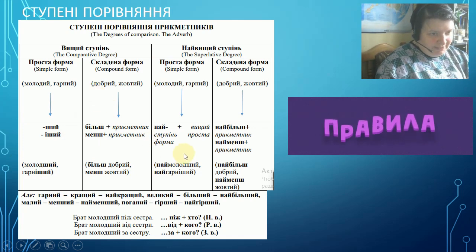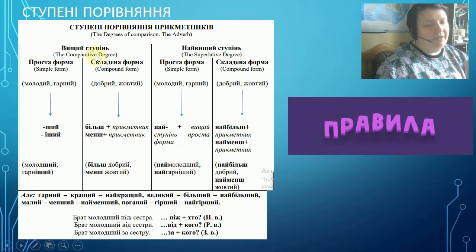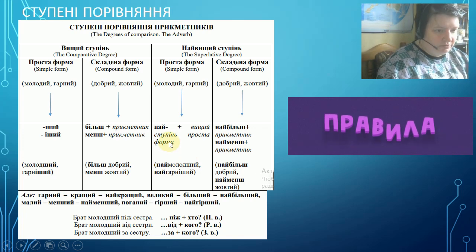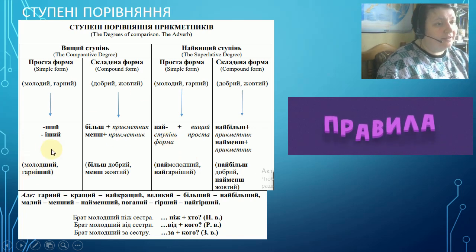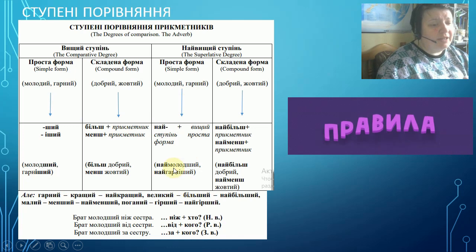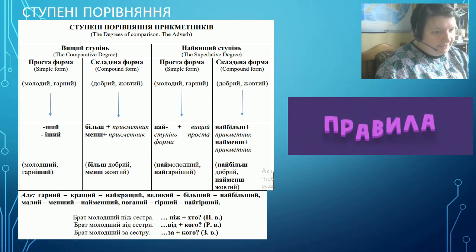The same is with superlative degree. The simple form, we use най, and the comparative degree. Наймолодший, the youngest, найгарніший, the nicest.